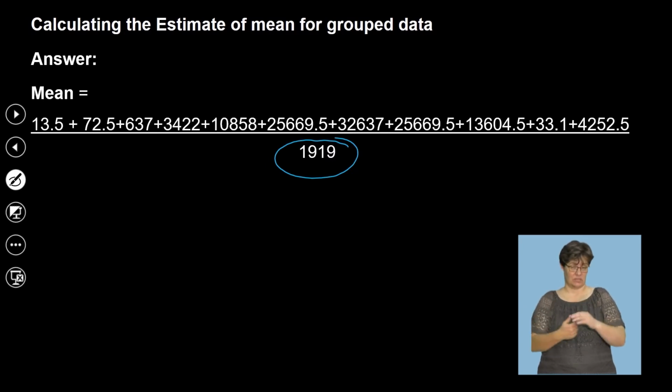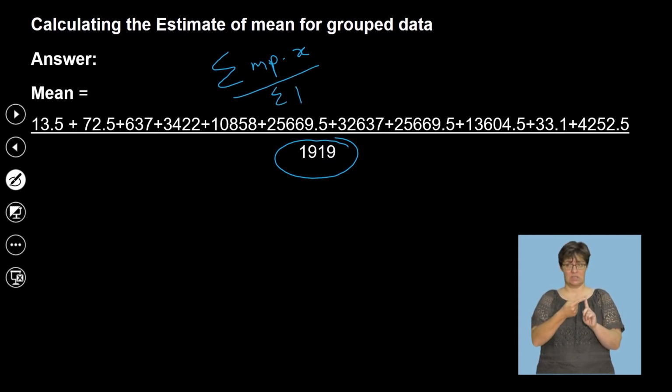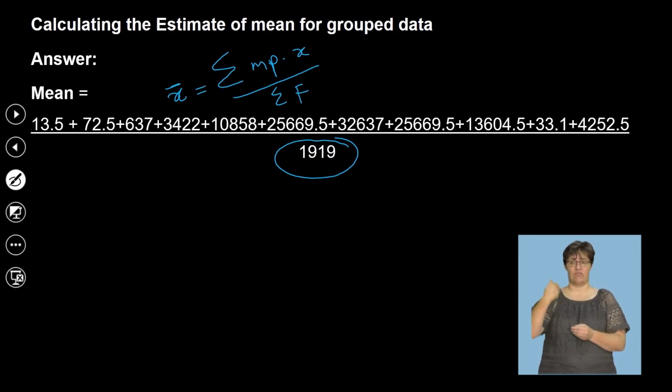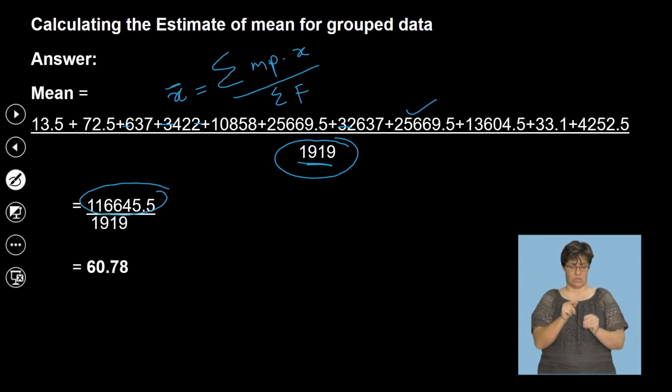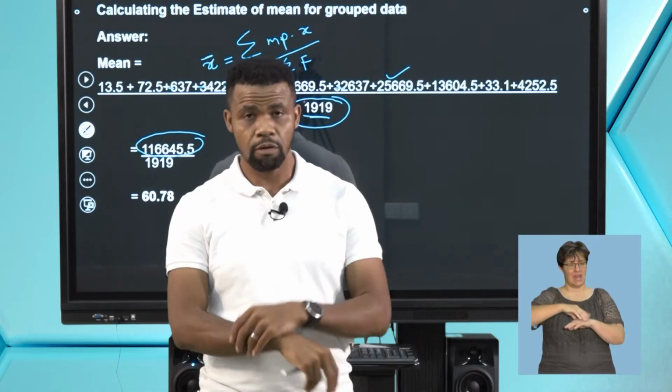So what we're doing here is the sum of midpoint times frequency over the sum of frequency, which is x bar. Remember, x bar is the same as the mean. What do we get? If you add the total on top, divided by the total, we get 60.78. That's the average age of dying from COVID-19.